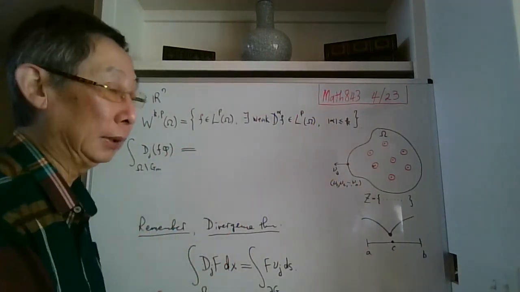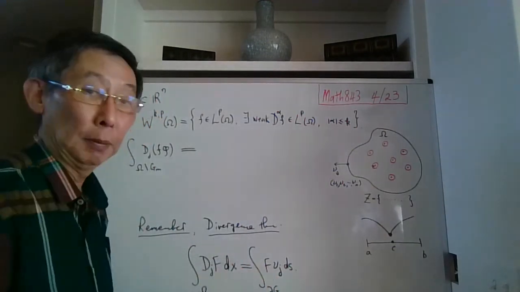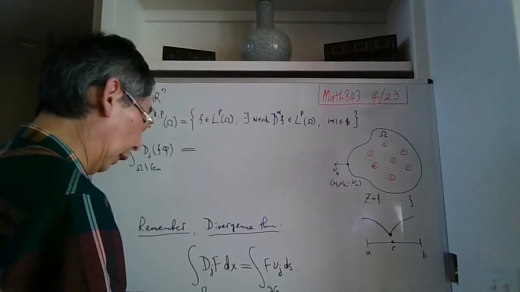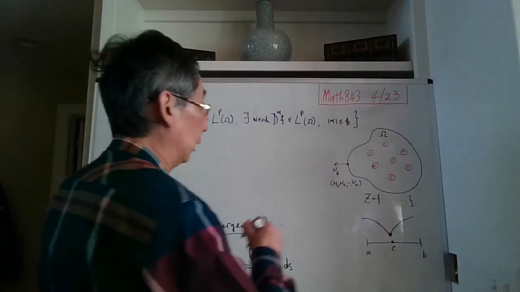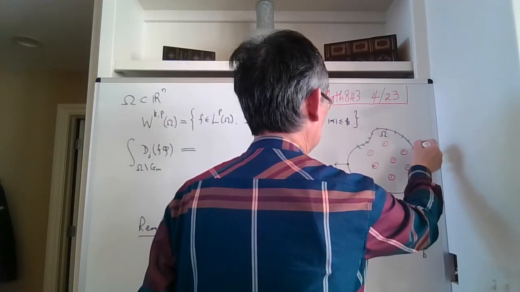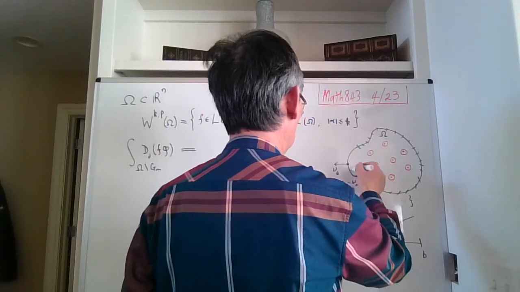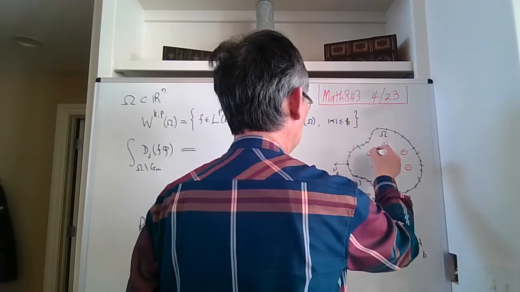Now if you apply the divergence theorem, you can see that this reduces to the boundary. So where is the boundary here? The boundary in this case consists of these portions. That's the outer boundary, and it also includes the circles.